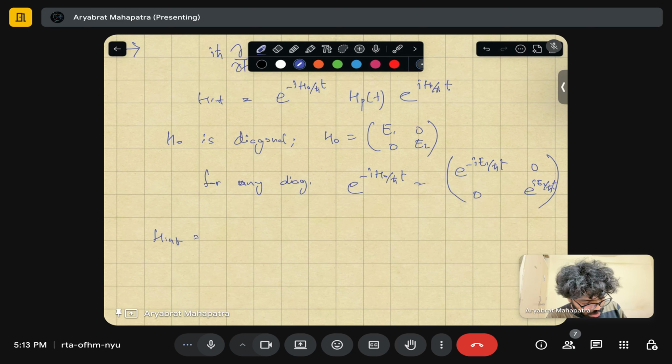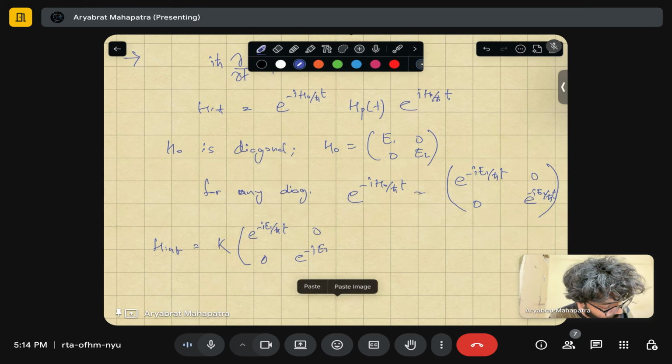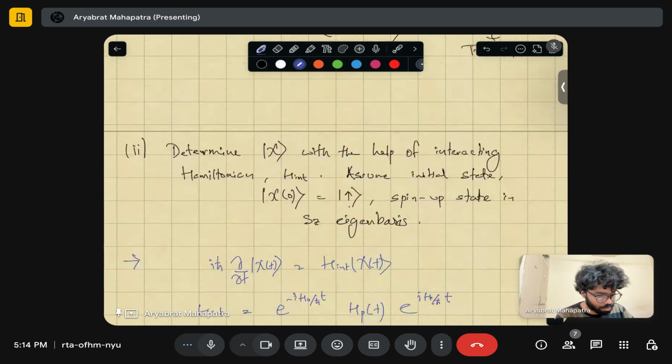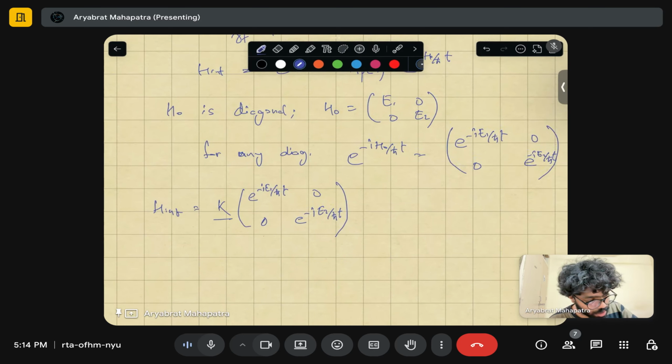There will be a common factor of k which will come from HP. So then you have this matrix: exponential of minus i e1 over h bar t, 0, 0, and exponential of minus i e2 over h bar t. Then HP, as we calculated before, will be k multiplied with the matrix 0, exponential minus i omega t, exponential i omega t, 0.